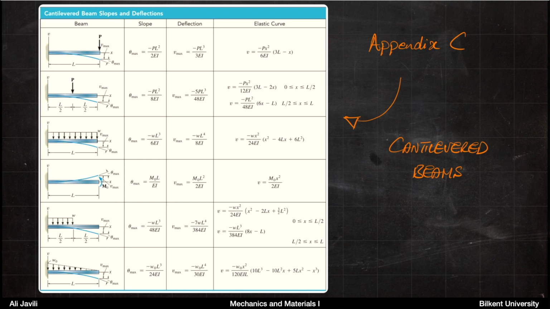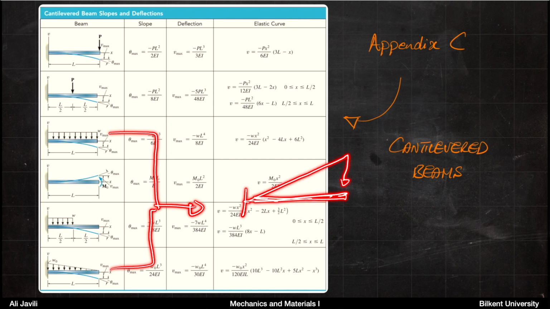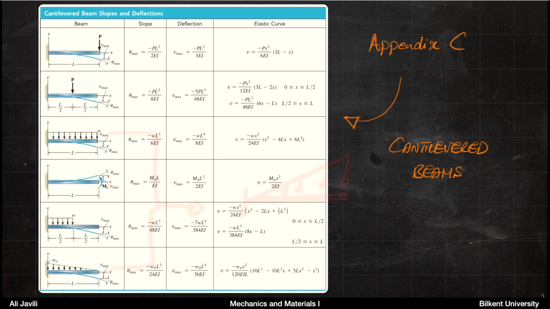Again, you have the standard cases where you have a cantilevered beam with just a single force at the end, or a single force exactly in the middle, a distributed load, just one single moment, or a distributed load which comes to the half, or a linearly decreasing distributed load. And then again, as before, if you take these two cases together, you can construct a case where you would have a linearly increasing load if you wanted to.